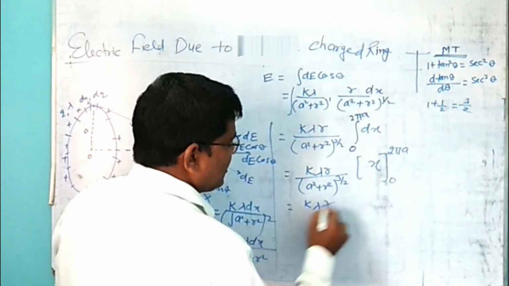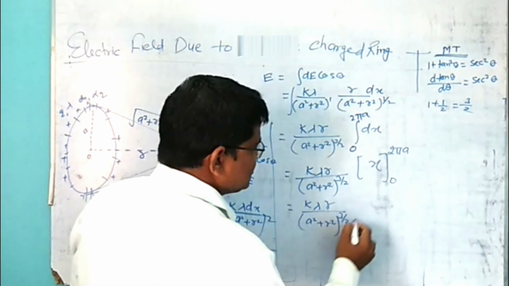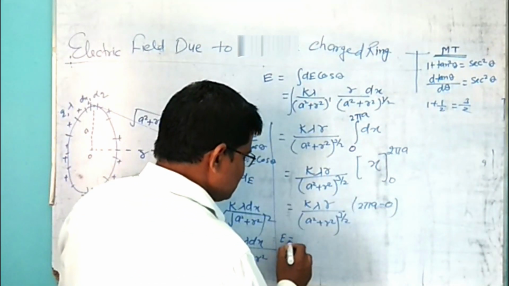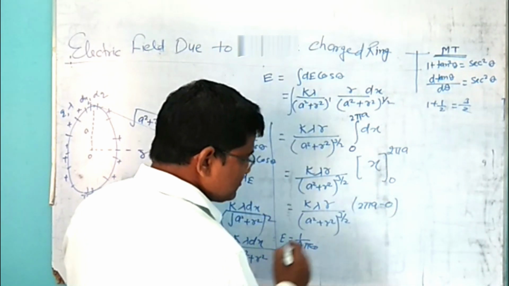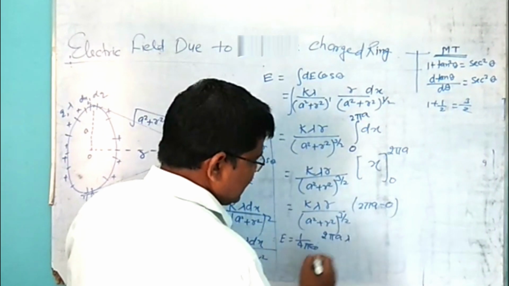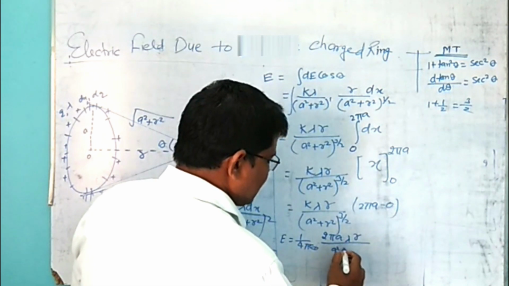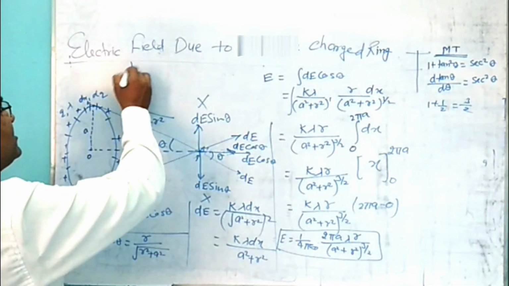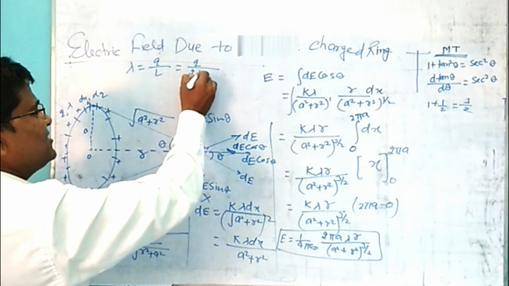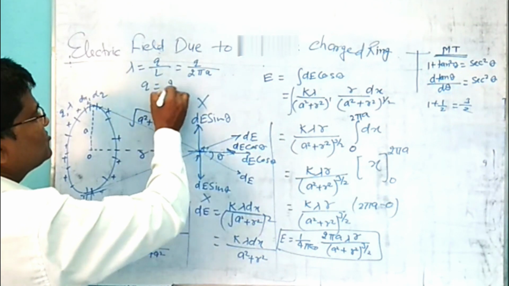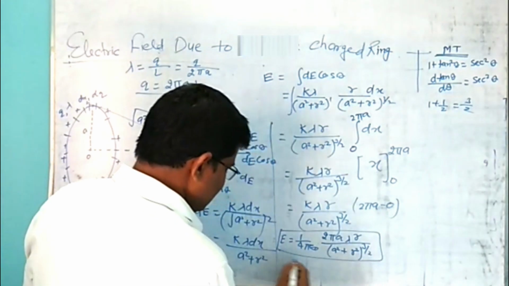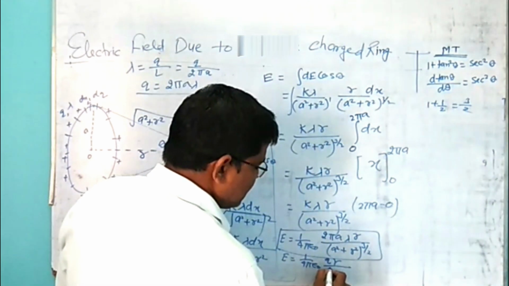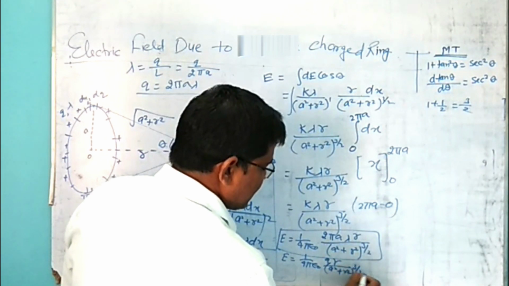It becomes k lambda r upon (a square plus r square)^(3/2) times 2 pi a minus 0, and that is why we can write E equal to 1 upon 4 pi epsilon naught, 2 pi a lambda r by (a square plus r square)^(3/2). Since charge is q and length is 2 pi a, q equals 2 pi a into lambda, and we can write this formula in a simple way: 1 by 4 pi epsilon naught, qr by (a square plus r square)^(3/2).